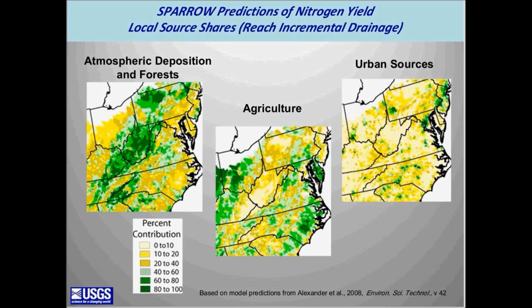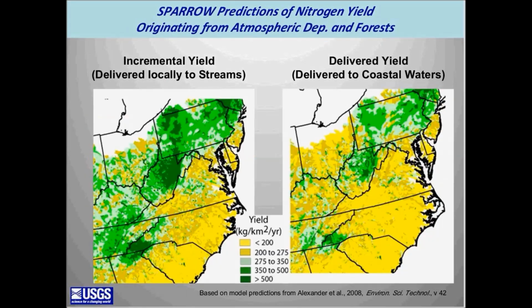And in this case, the Chesapeake Bay was one example of where they were able to successfully use this type of information to give them some information as to where the different sources were.